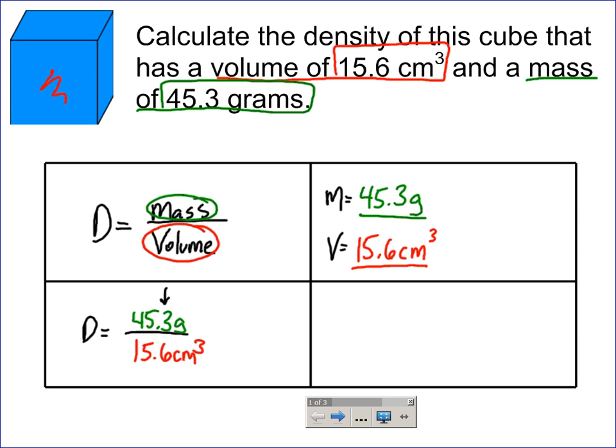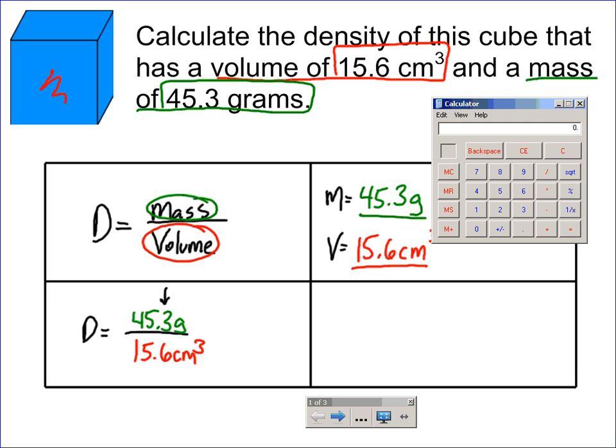Regardless of whether it's bigger or smaller, you always want that top number in the calculator first. So the mass is going in first. Let's check it out. We have 45.3 grams divided by the volume of 15.6 centimeters cubed.